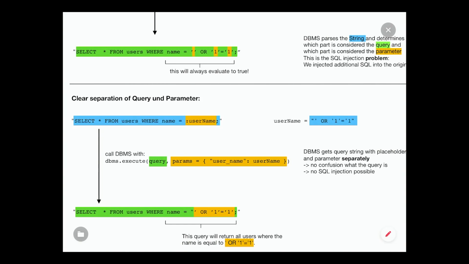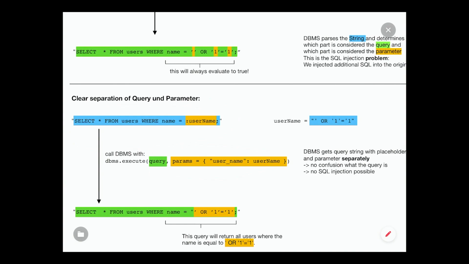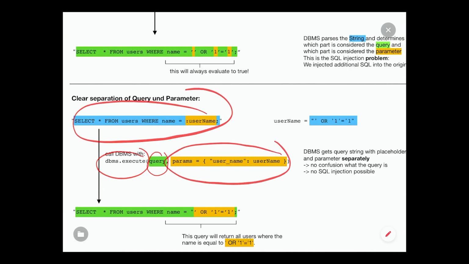So the right way of doing it is something like this. You specify it as a parameter, and then you send this stuff, the actual template, together with the parameters in two separate fields of the call. So here you're seeing I have an execute method where there's a query template being specified, that is this one, and then its parameters.